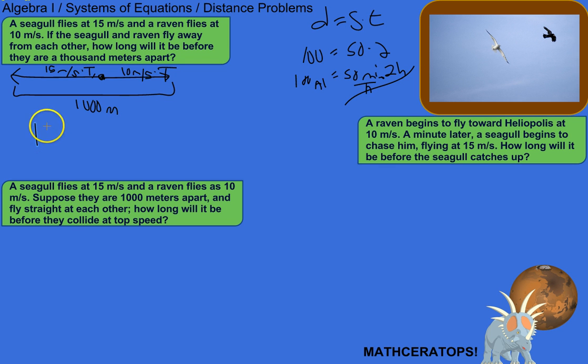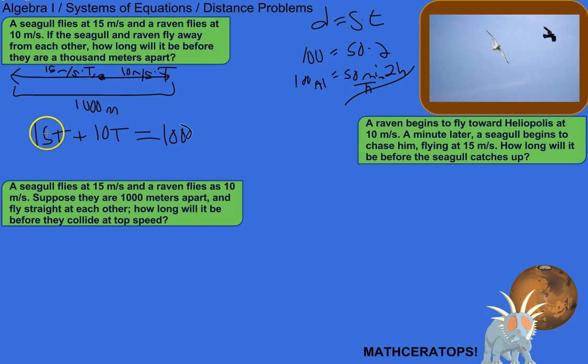So we just do 15 meters per second times t seconds, which will be the distance that the seagull can fly in however many seconds that is, plus 10 meters per second for that same amount of time, is going to equal the total distance between them, 1,000 meters.